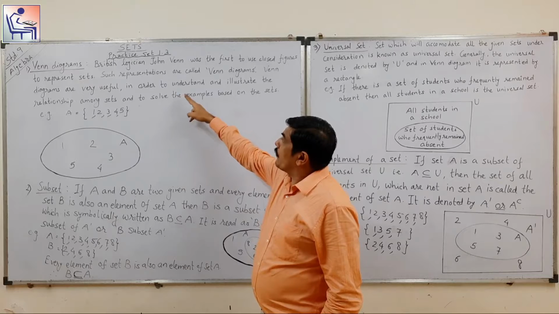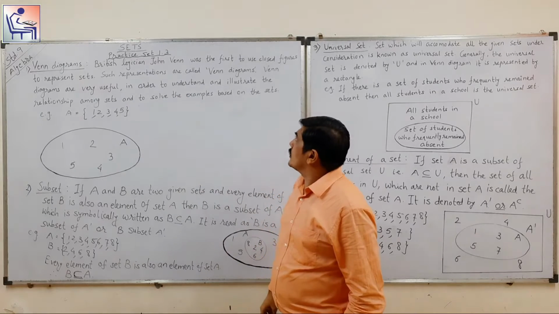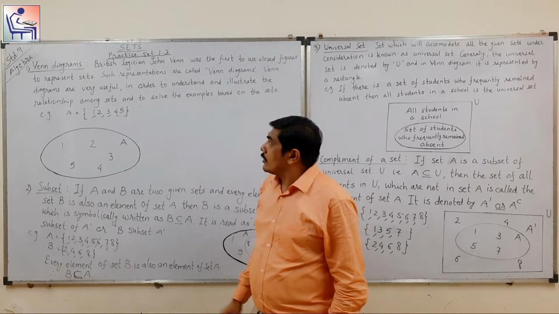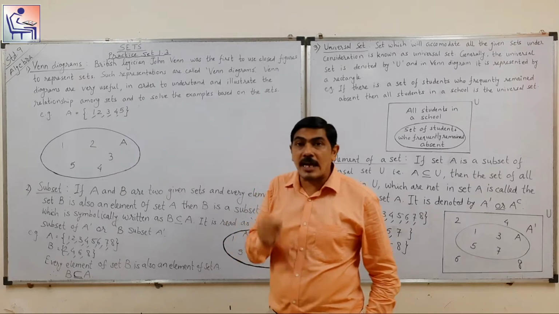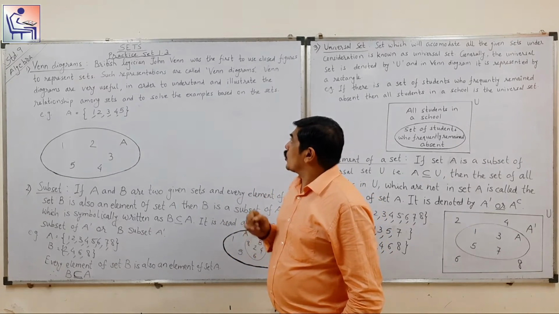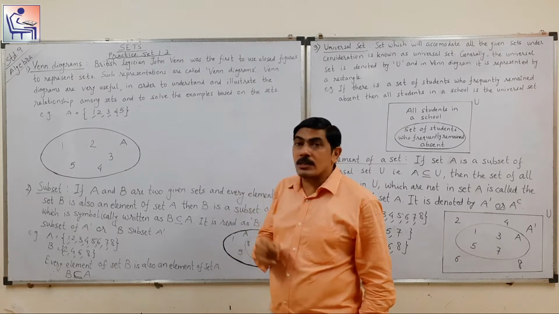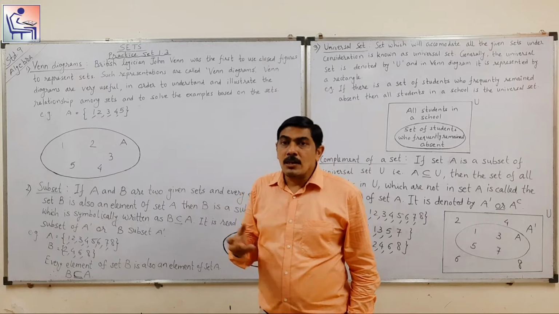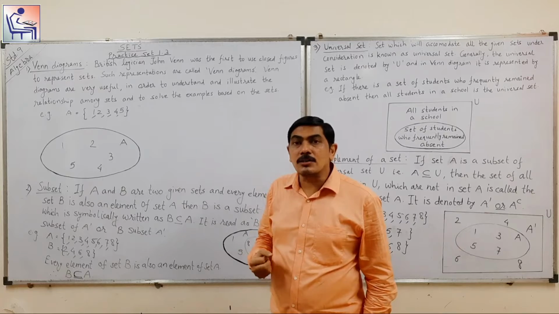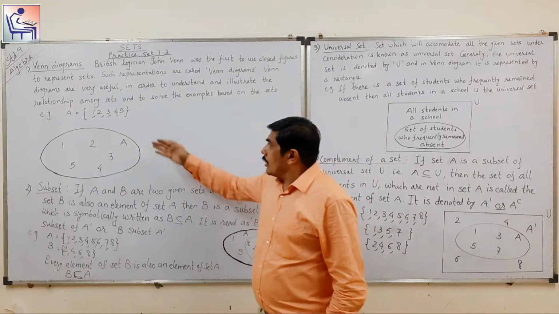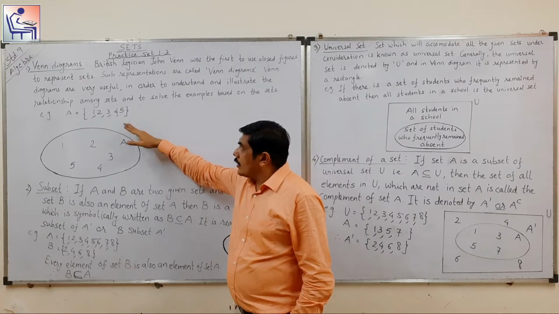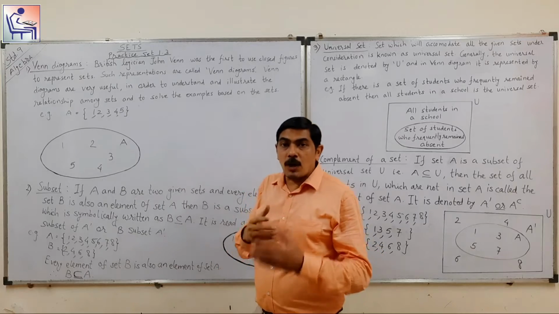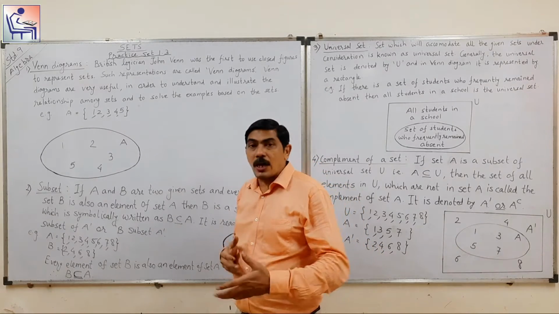Venn diagrams are very useful in order to understand and illustrate the relationship among sets and to solve examples based on sets. It is very useful, that's why it is included in your syllabus. Here you can see the set A. The elements of set A are 1, 2, 3, 4, 5.